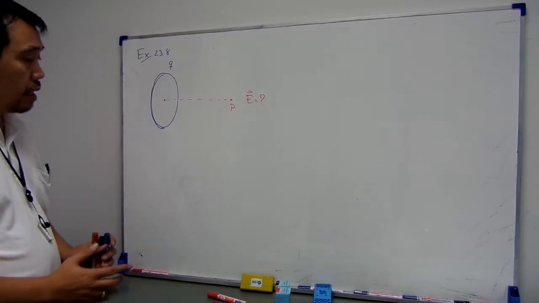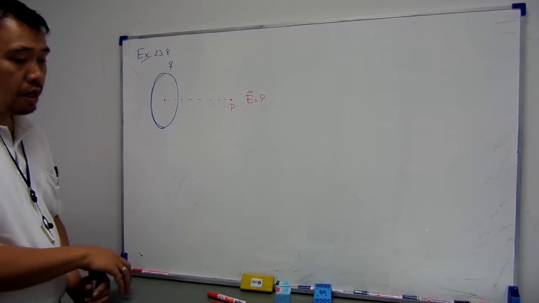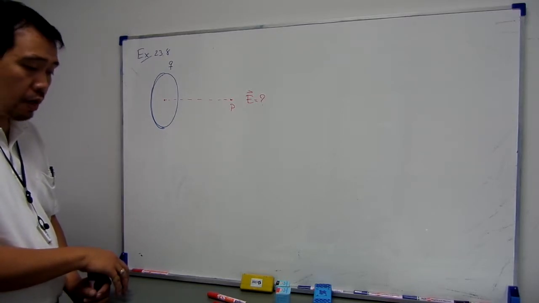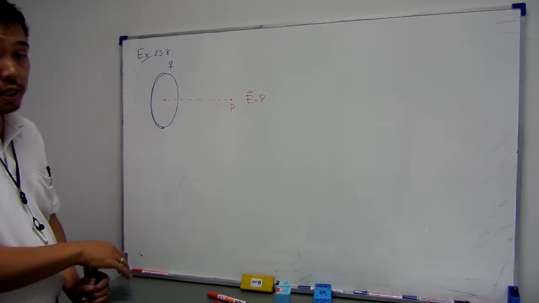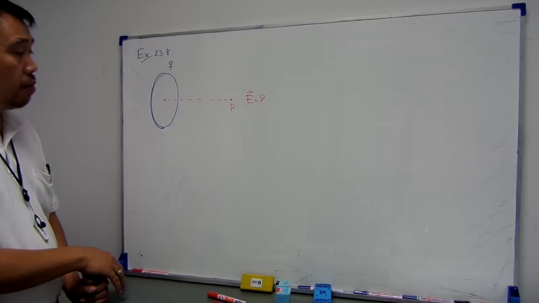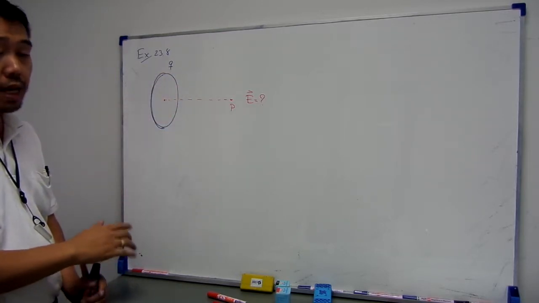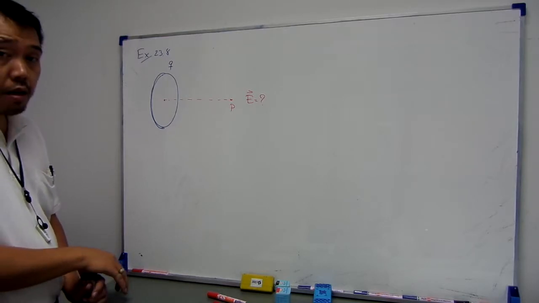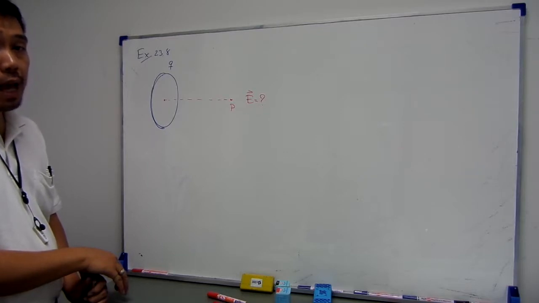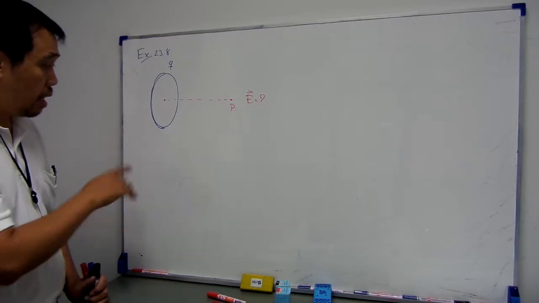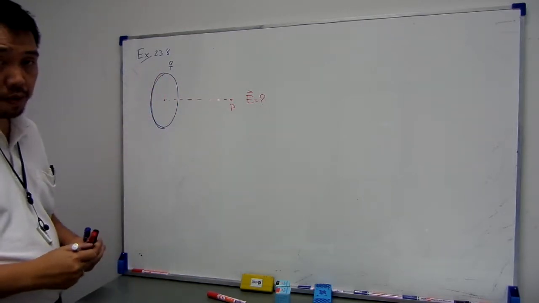Dividing the charge distribution into small pieces is not the only way, where we divide it into point charges. We can divide the charge distribution into any shape for which we know how to calculate the electric field. In this case, you can see that this is a circular disk.